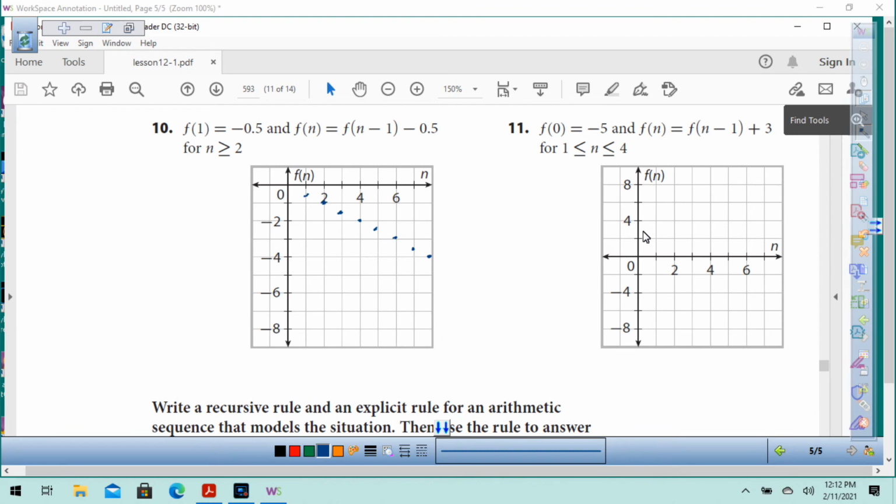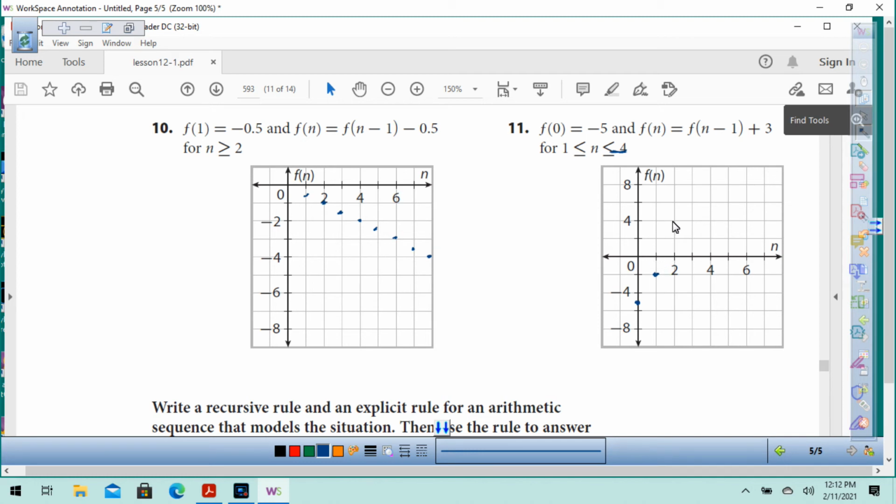What about over here? 0 and -5 is going to be right there. Now we're going to stop at 4 here on this one. F of 0 is 0.5. And then 1, let's see, we're going to add 3 to that. So 1, 2, 3, and over 1.